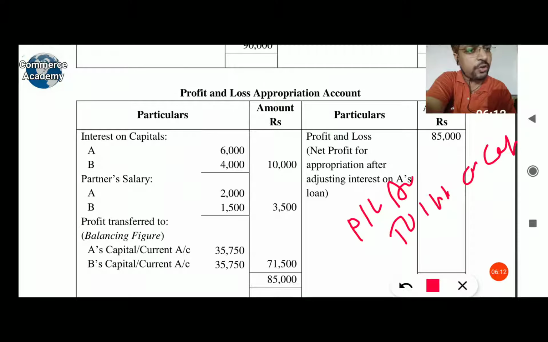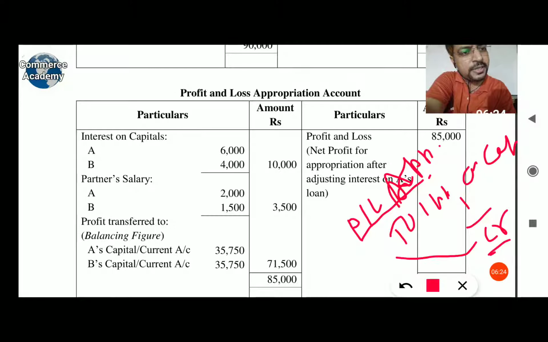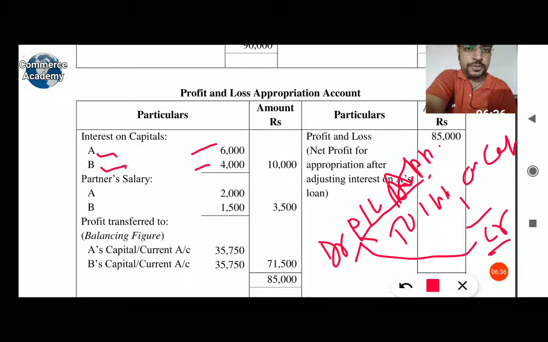So interest on capital account is credit. When we transfer interest on capital account to the profit and loss appropriation account, it is the transfer, तो क्या हो जाएगा? डेबिट हो जाएगा. So A's and B's interest on capital accounts are debited 6,000 and 4,000.